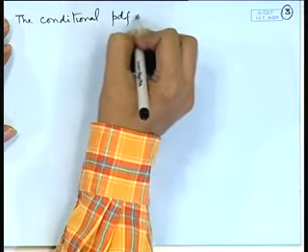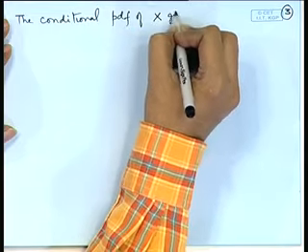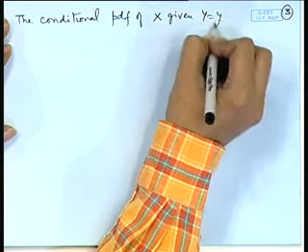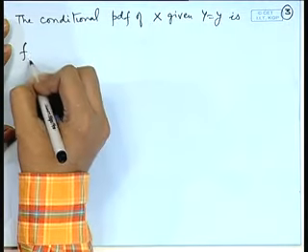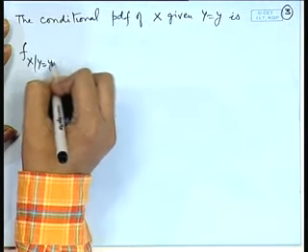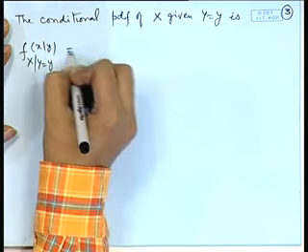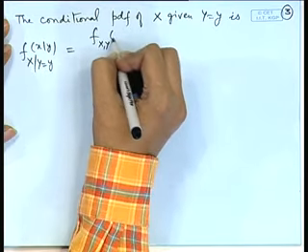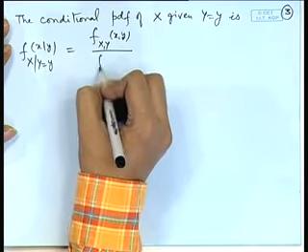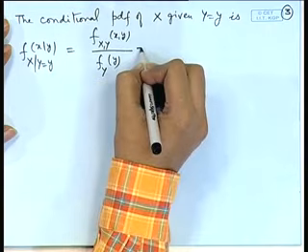So, we have the conditional probability density function of x given y equal to y, that is obtained as the joint distribution divided by the marginal distribution of y.